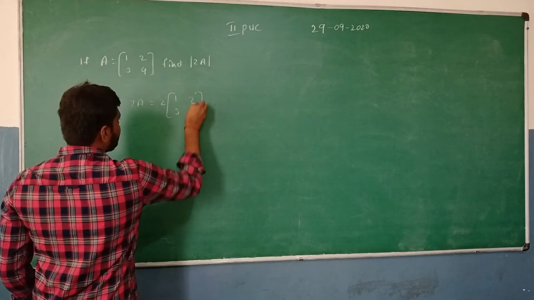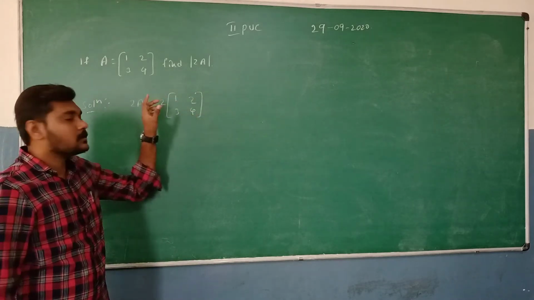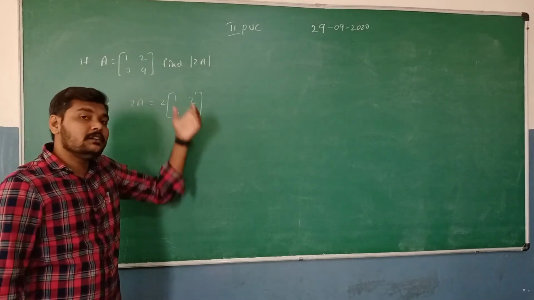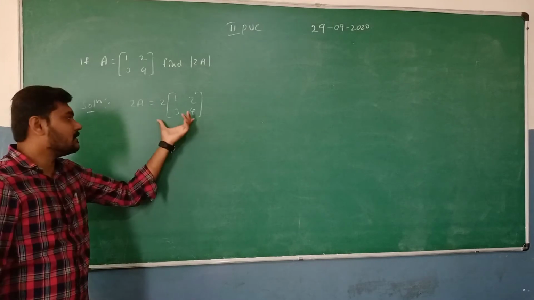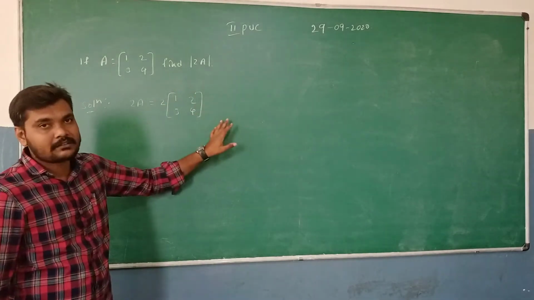When a scalar multiplies a 2 cross 2 matrix, the scalar multiplies every element present in the given matrix. Means the 2 multiplies every element in the given matrix.